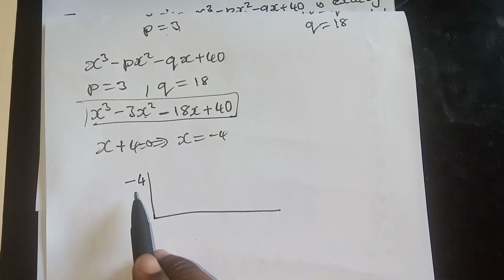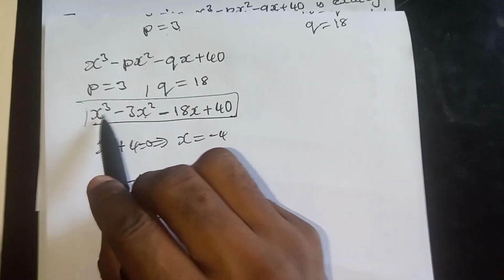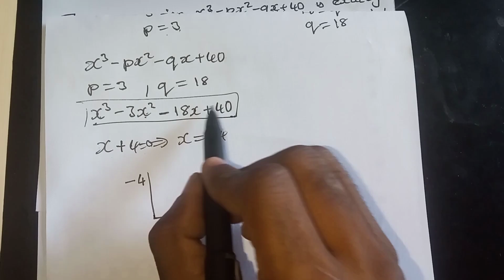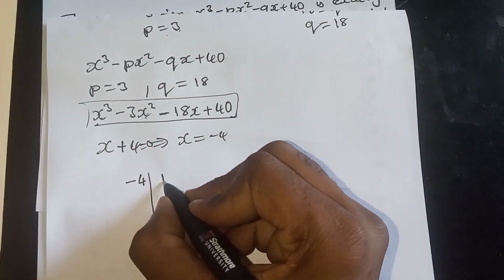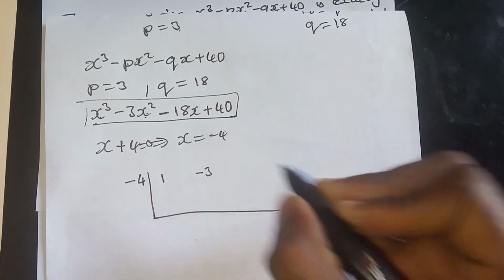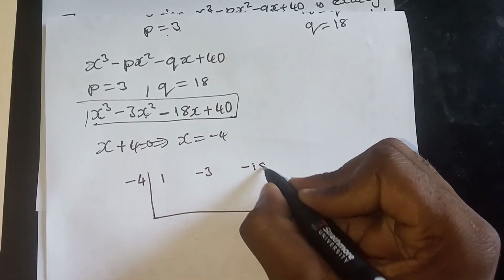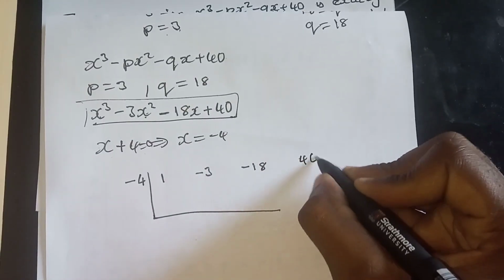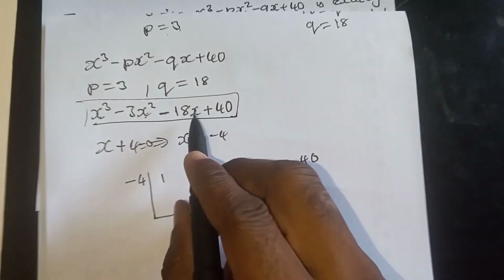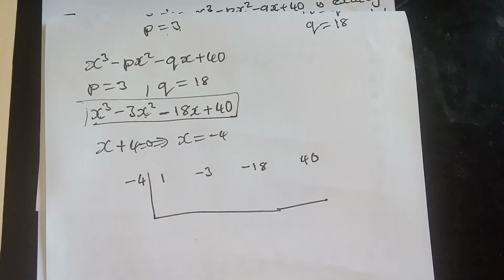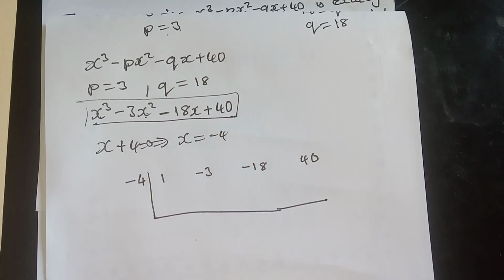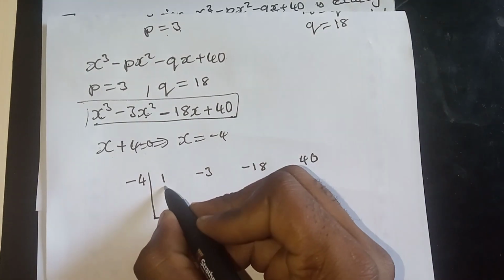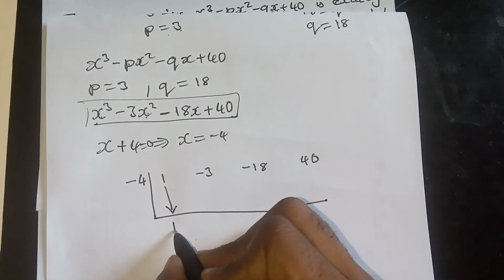So you have a negative 4 here, and then you write down all the coefficients of the polynomial you are dividing. So you have a 1, a negative 3, a negative 18, and a 40. You don't need the variables there. And then next, you bring this guy down.